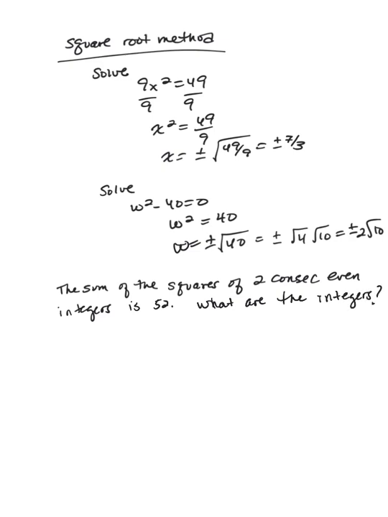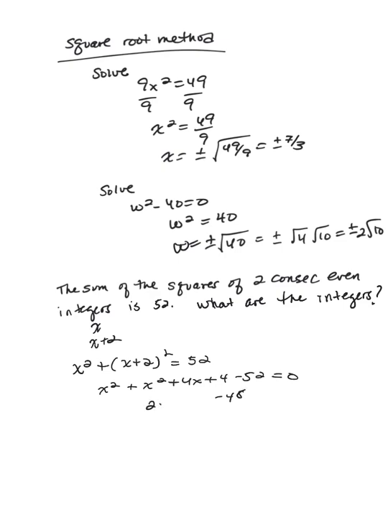So since they're even, you have x and x plus 2. And then it's the sum of their squares. So x squared plus x plus 2 squared equals 52. Now do it out. X squared plus 4x plus 4 minus 52 equals 0. So you end up with negative 48 here. Combine like terms. Take out your GCF.